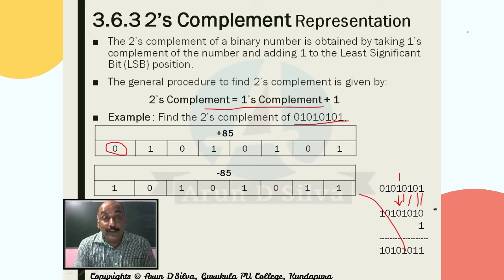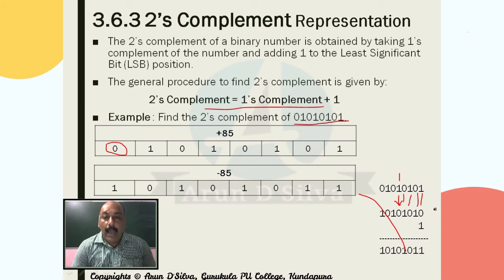In the computer, the positive number is represented as it is, and the negative number we can represent in 3 ways. The first is the sign and magnitude method, the second is the 1's complement method, and the third is the 2's complement method.